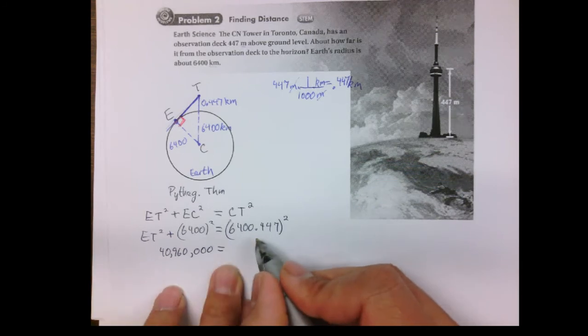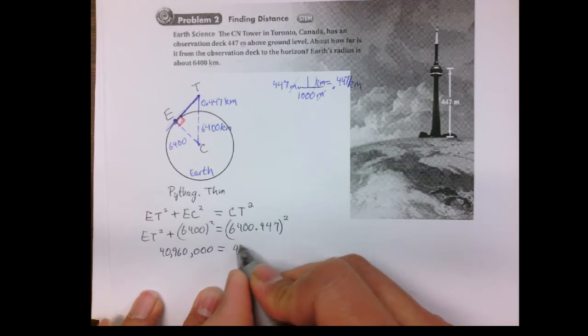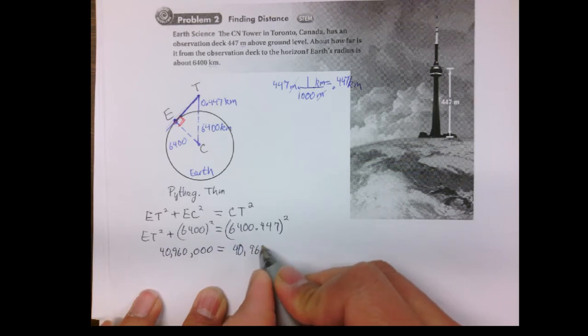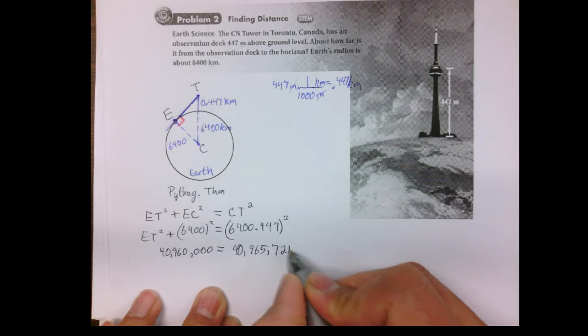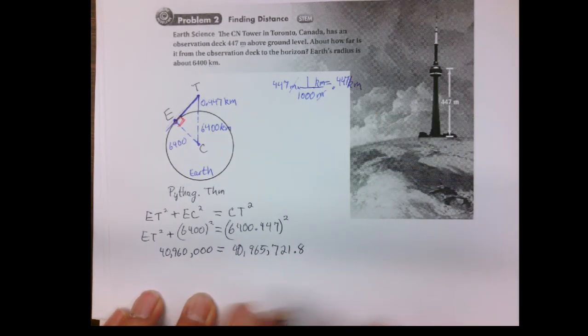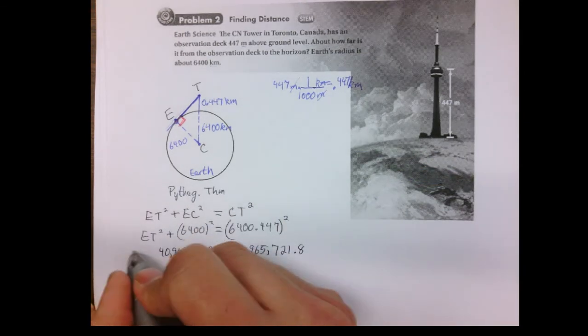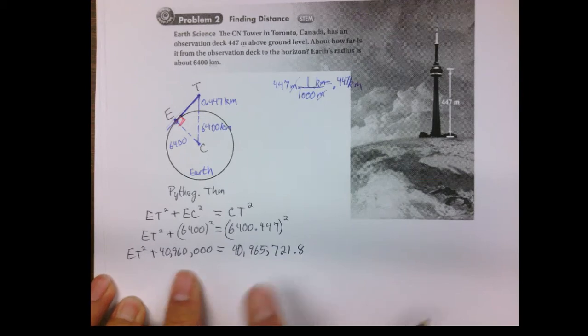And then this one, this is even easier to do in my head. That's going to be 40,965,721.8. I almost forgot the 0.8. Now bring down the ET squared. Now we're just solving stuff. This is easy to subtract, actually.